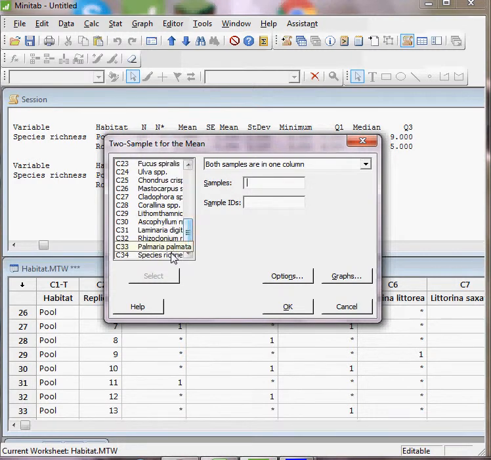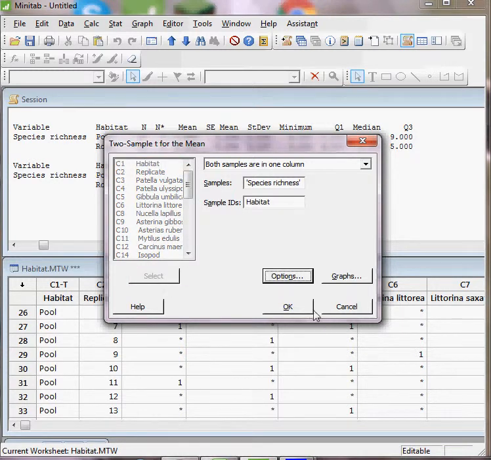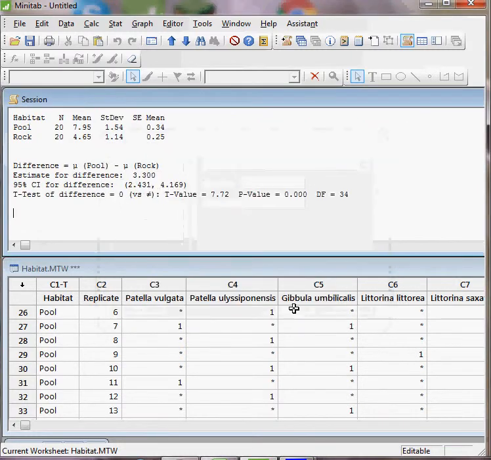In the samples box, we're actually asking for the variable of interest, so that would be species richness. And in the sample ID box, this is where we tell it there's two different groups of habitat. They're denoted by the variable called habitat. And if we select OK, the numbers will get crunched and it will carry out a two-sample t-test.